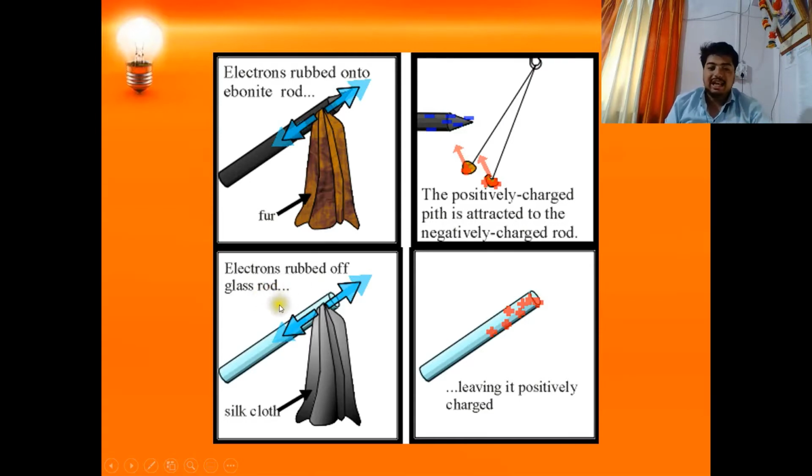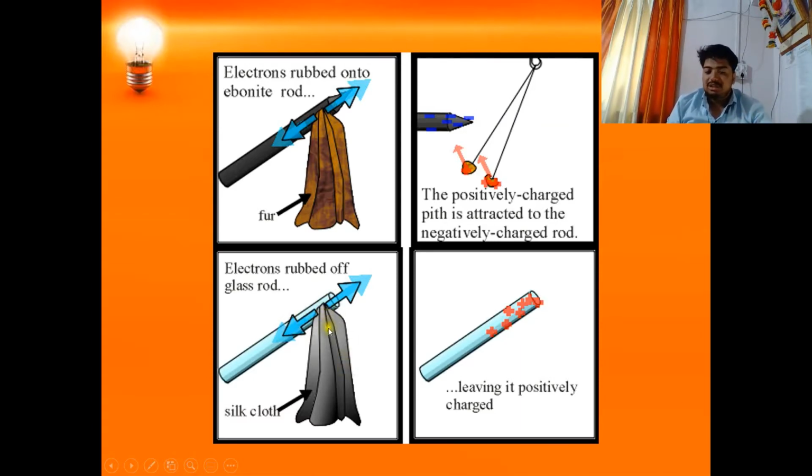Now, in the second example, we take a transparent glass rod and rub it over a silk cloth. Here the silk cloth is important. When you do so, more electrons from the glass rod go into the silk cloth.